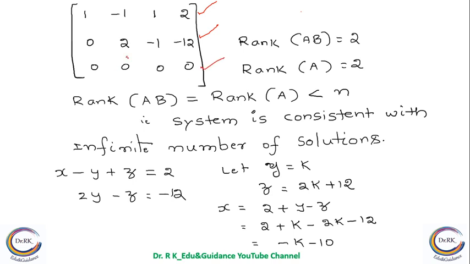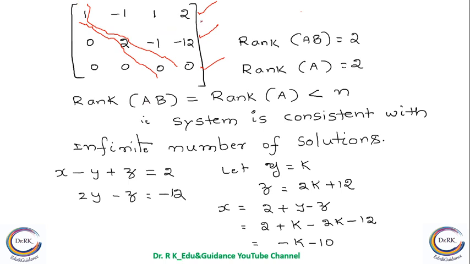Now check, is it in echelon form? Yes, if you see here, this is the diagonal. So now the matrix is in echelon form. Once it is in echelon form, we look for the rank, the rank of the augmented matrix.